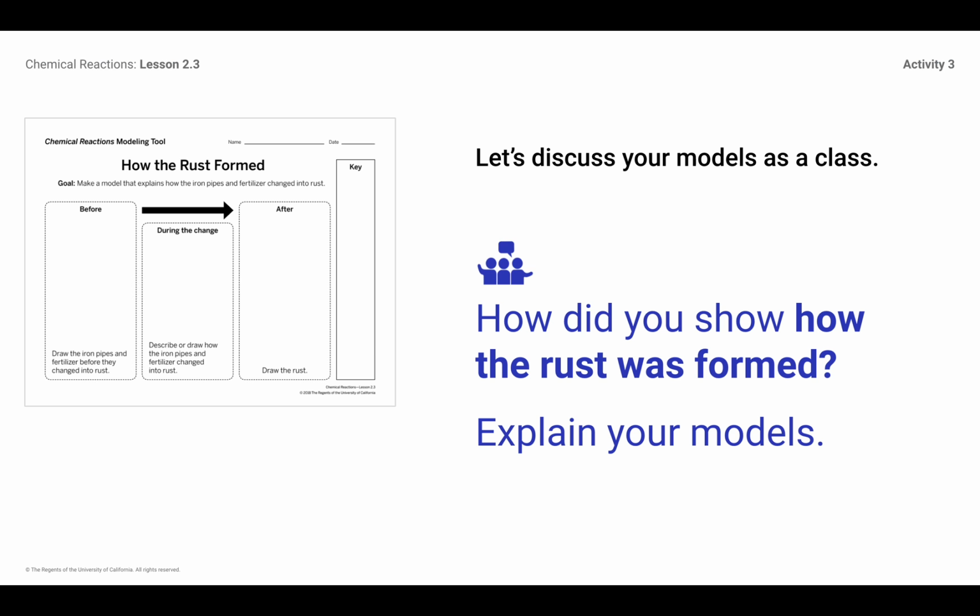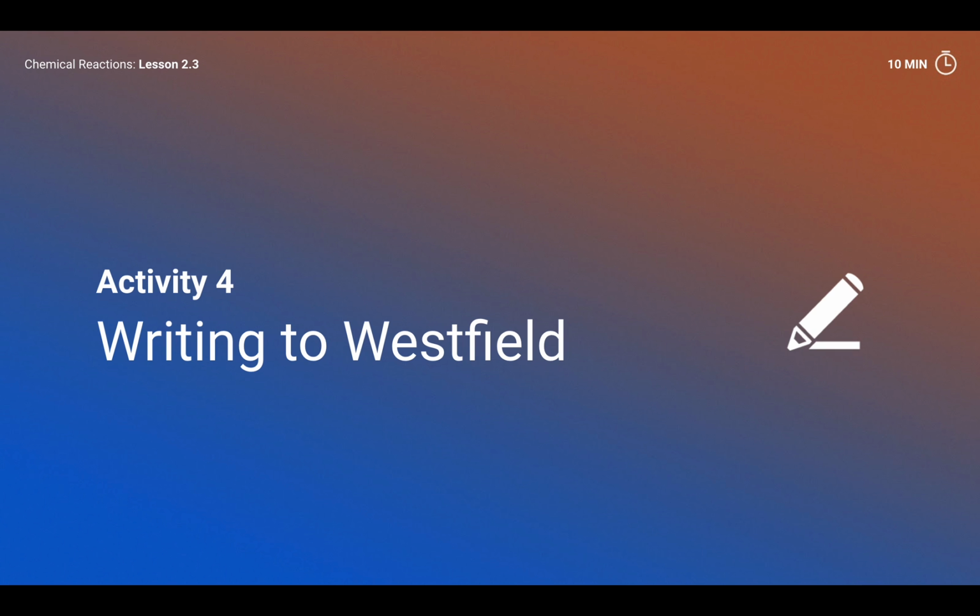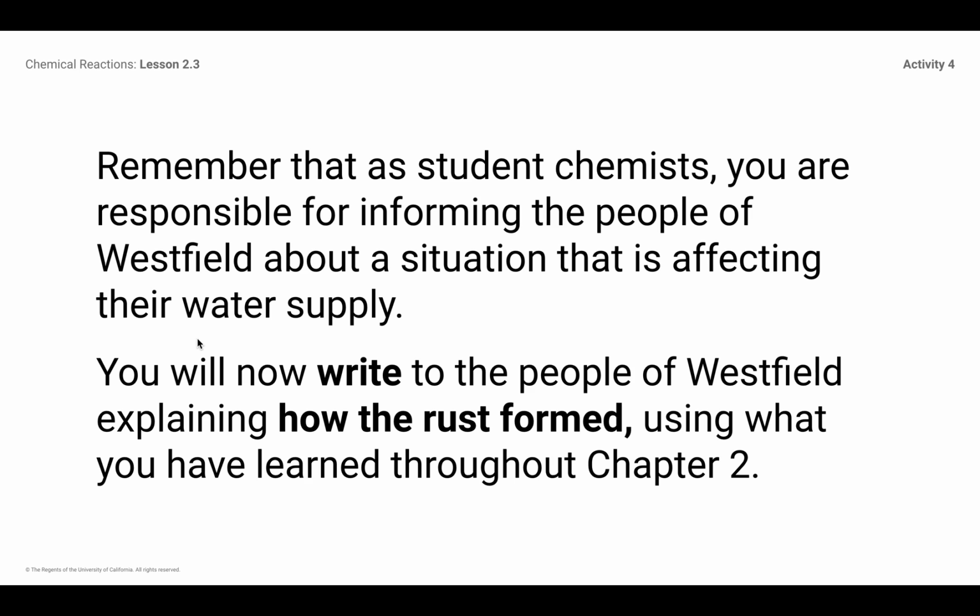Okay, let's go ahead and do activity number 4, writing to Westfield. Remember that as student chemists, you are responsible for informing the people of Westfield about a situation that's affecting their water supply. You will now write to the people of Westfield explaining how the rust formed using what you've learned throughout Chapter 2.